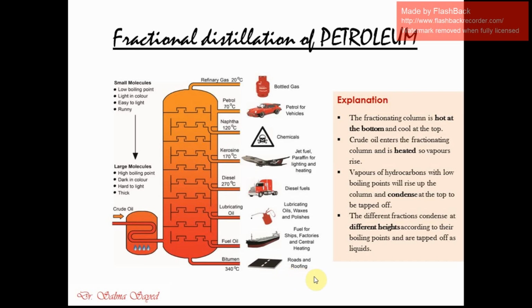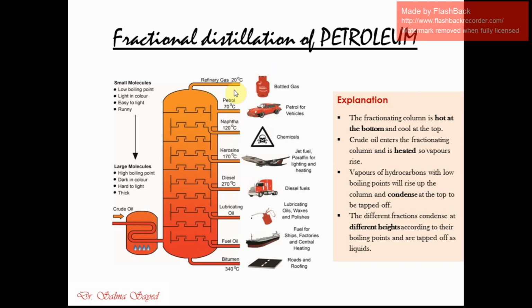Now let's dig deeper into this column. Again, I'm going to compare refinery gas and bitumen. In terms of molecular size, refinery gas is actually a smaller molecule. Since it's smaller, the number of bonds between the atoms within the molecule is much less, so they require less energy to break these bonds, hence the lower boiling point.